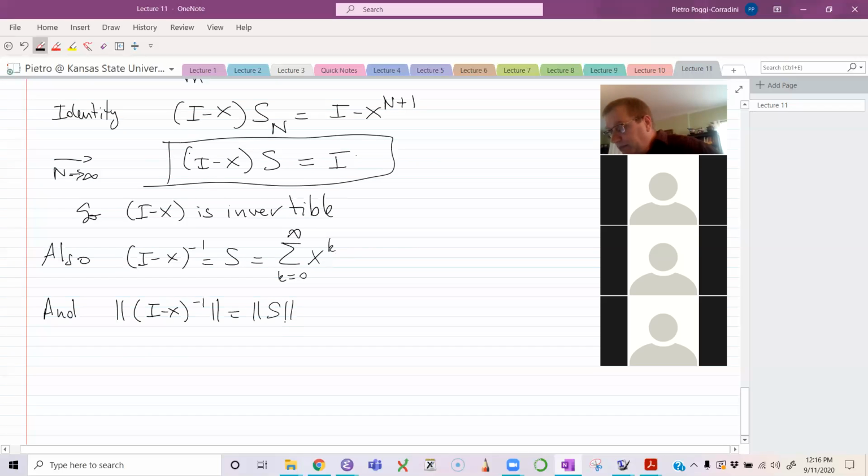Which is going to be less than, by some multiplicative property, the series of the norms. The series of the norms we know tends to this one. So we do get everything that was claimed in the lemma.